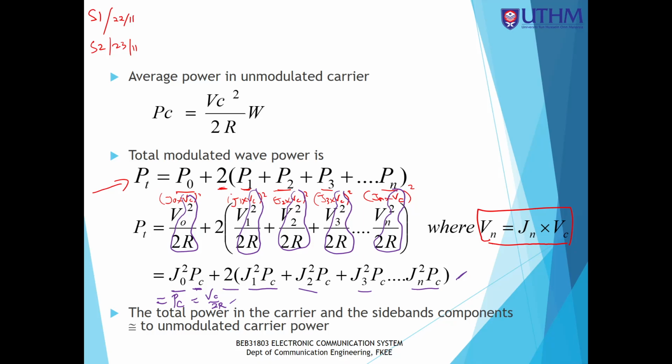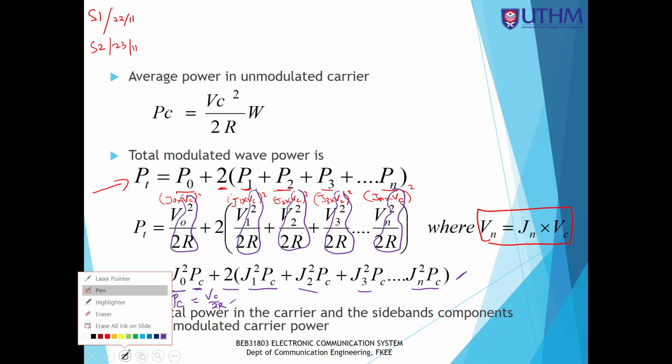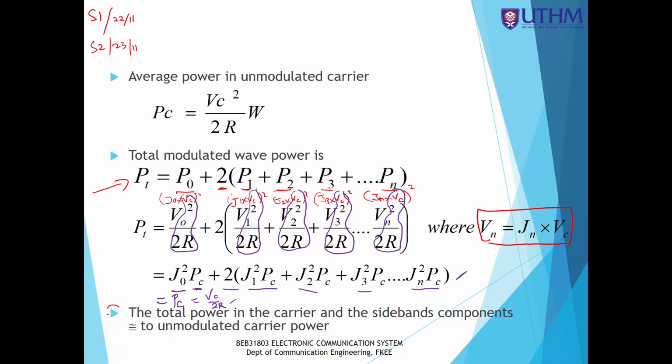If you see the last statement here, it says that the total power in the carrier and the sideband components is approximately equal to the unmodulated carrier power.